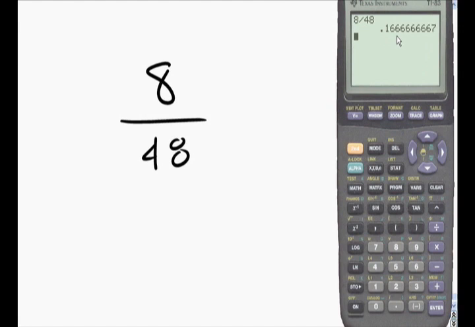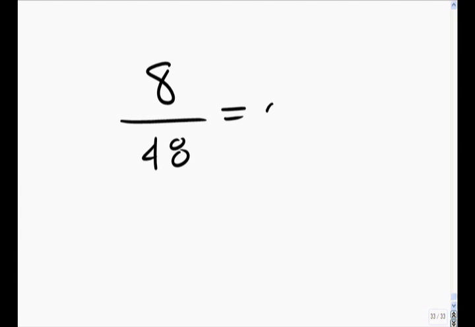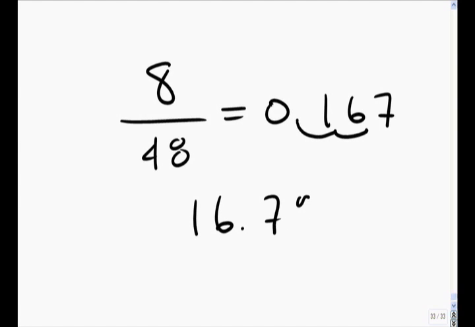The answer is 0.167. Multiplying this number by 100 simply moves the decimal 2 spaces to the right. 16.7% of the class has one child.